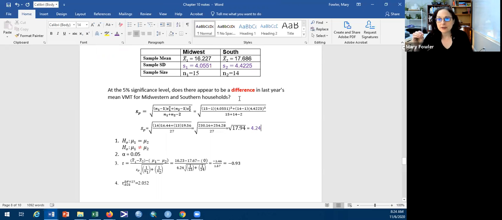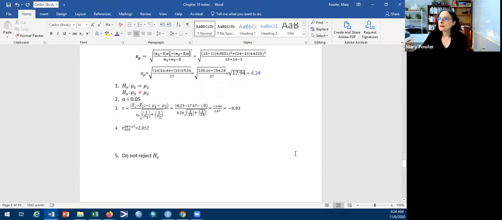If I'm pooling my standard deviations together, I have to have a value that's somewhere between the two of them, because to say pooled standard deviation means it's a combined standard deviation. It takes information from both of the samples, so it necessarily must be between those two. If it's not, then it's an arithmetic issue, so go back and find your arithmetic problem. Okay, so we're all set.